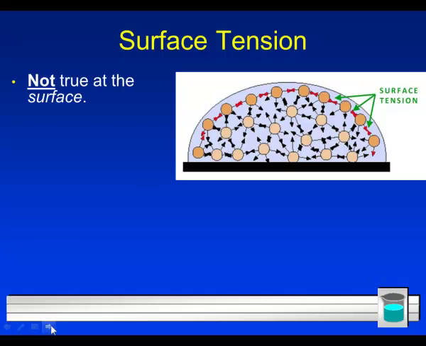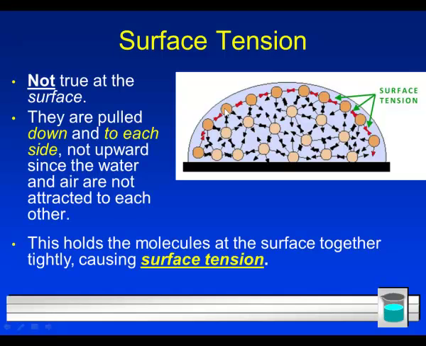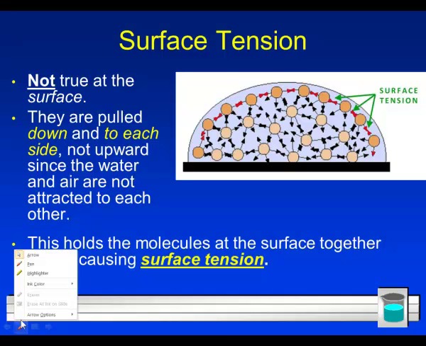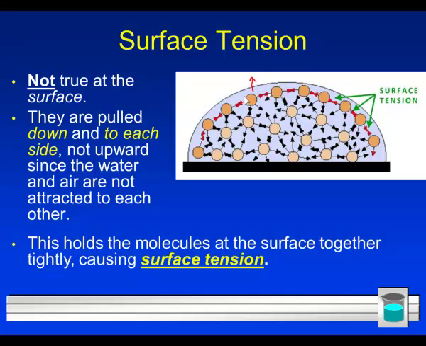But it's different on the surface. On the surface, there are no molecules pulling up. There are no molecules with attractive forces pulling up against these molecules that are on the surface. Now, there's air molecules up here, nitrogen and oxygen, but they're not attracted to water because they're nonpolar.